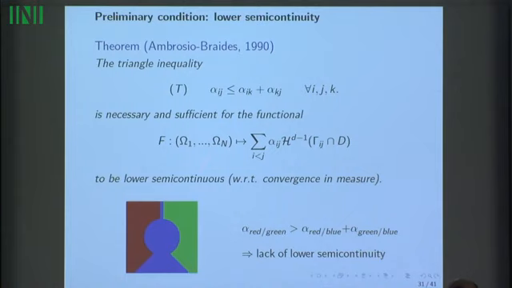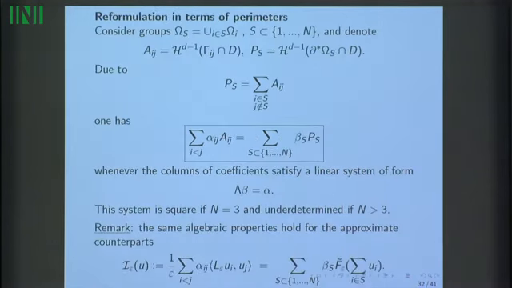If you don't fulfill this, if you have interest to put, for instance, blue between green and red, then this layer can be arbitrarily small. And this means that you lack lower semi-continuity. So to avoid this, it is known that you have to impose this constraint. Then you have lower semi-continuity.